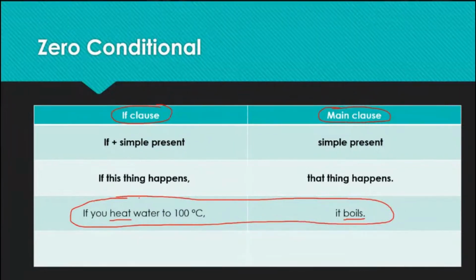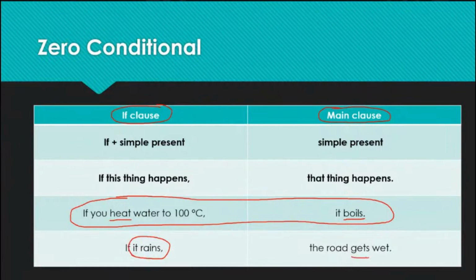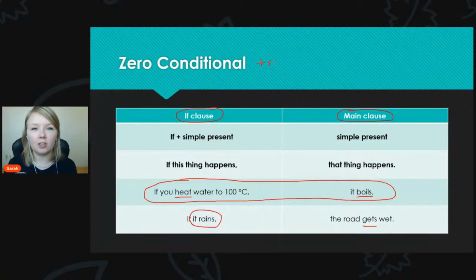If you heat water to 100 degrees Celsius, it boils. If it rains, the road gets wet, right? Just a simple fact. If this thing happens, if our condition, if it rains, the road gets wet. Simple fact, just something that is true. So we use our zero conditional to talk about general truths and facts.